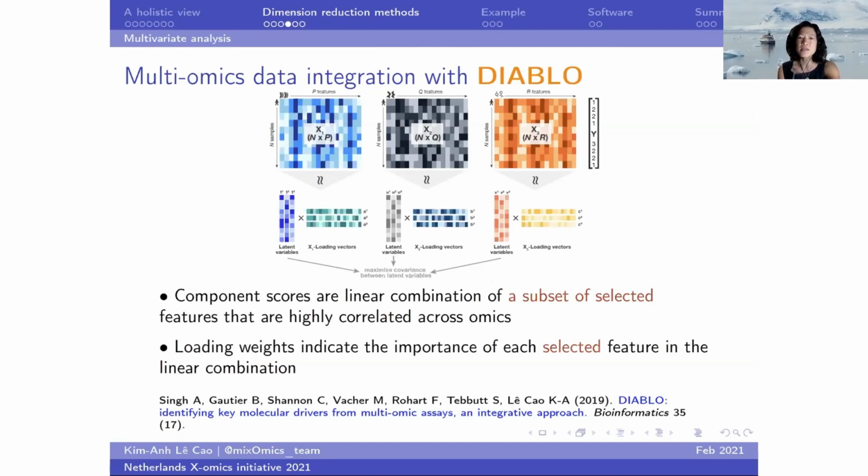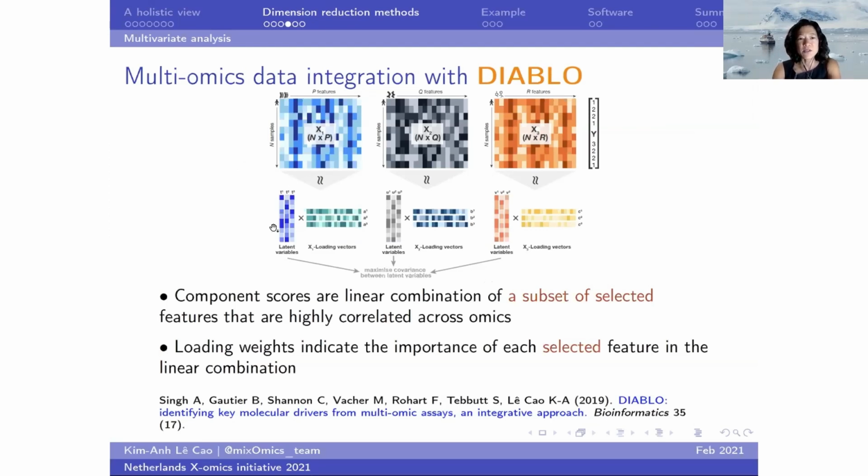You're trying to basically identify a subset of genes that are correlated with a subset of proteins that are correlated with a subset of metabolites that also explain an outcome. So this is our latest multi-omics method that we have developed here.